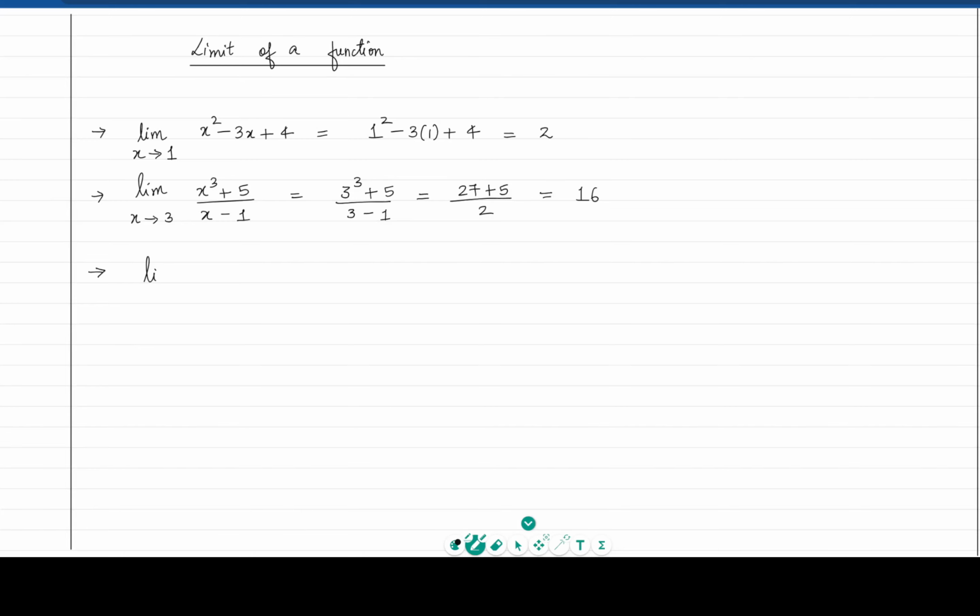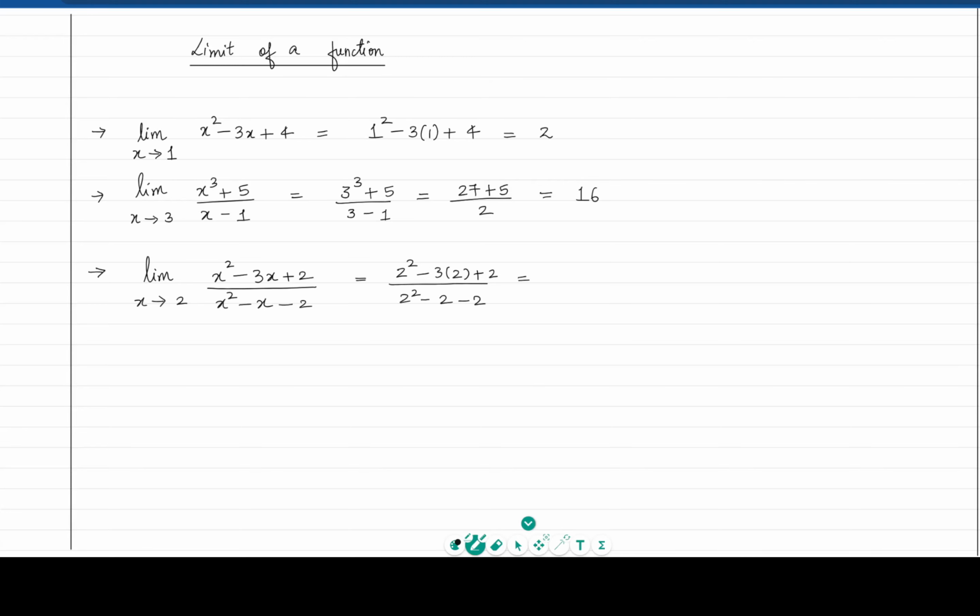So here we have the limit of the function x square minus 3x plus 2 whole divided by x square minus x minus 2, and x is approaching 2. When we try to substitute x as 2 here, we will get 2 square minus 3 times 2 plus 2 whole divided by 2 square minus 2 minus 2.